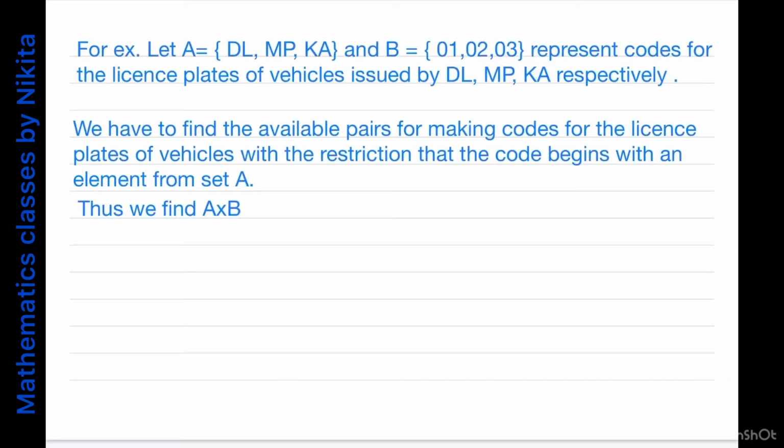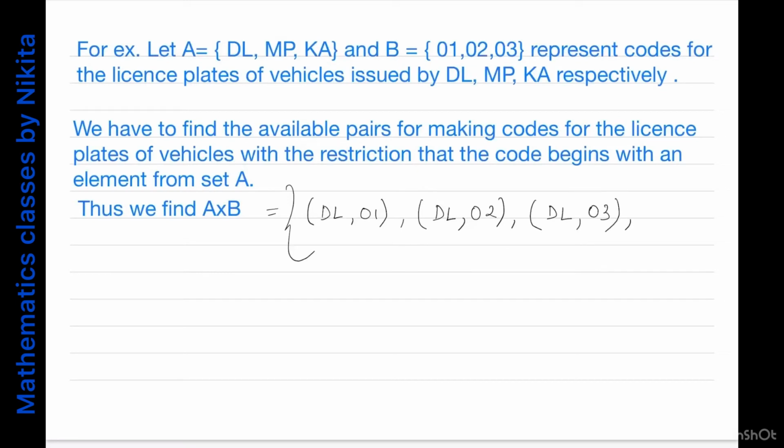So this is how the codes are made. तो बेसिकली यहाँ पे आपको क्या फाइंड करना है, क्योंकि रिस्ट्रिक्शन ये है कि जो पहला कोड है that should begin with an element from the set A. So that means you have to find A cross B. A cross B is nothing but the set of all ordered pairs from the set A and B. I told you, you have to associate each element of A with each element of B. So first we will write DL comma 01, then DL comma 02, then DL comma 03.